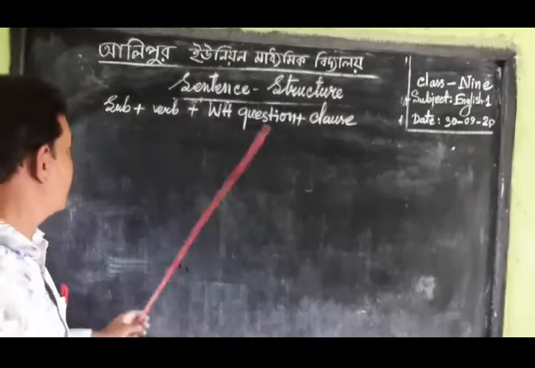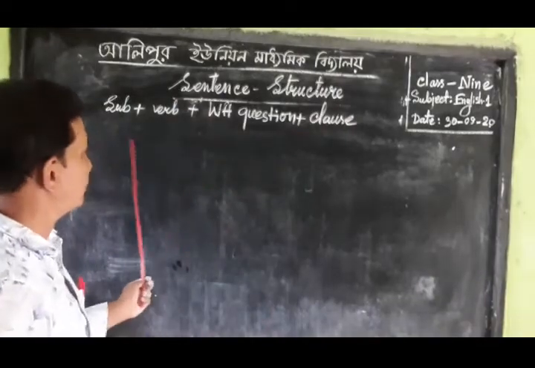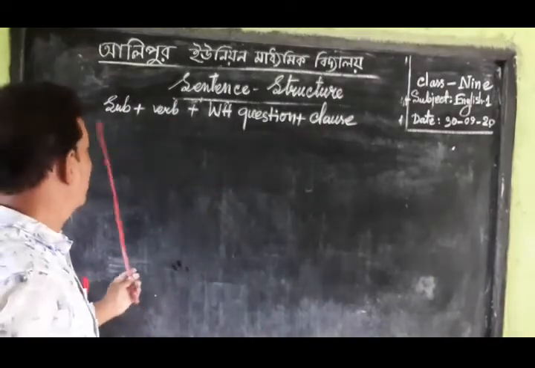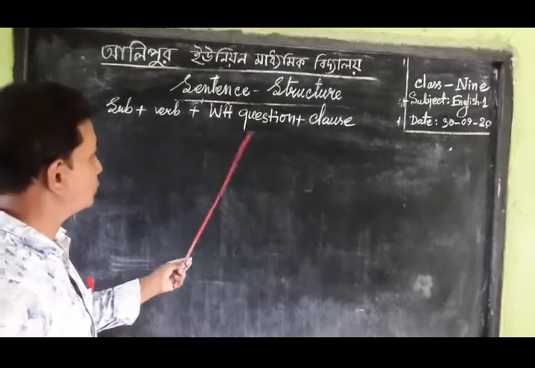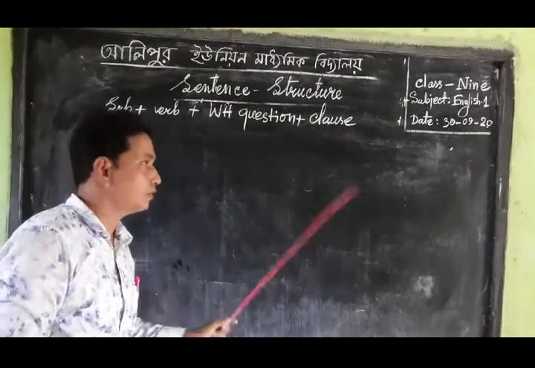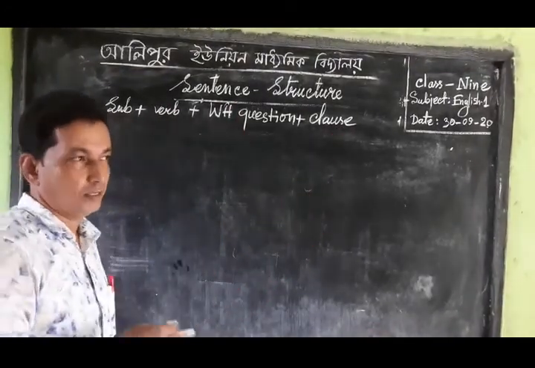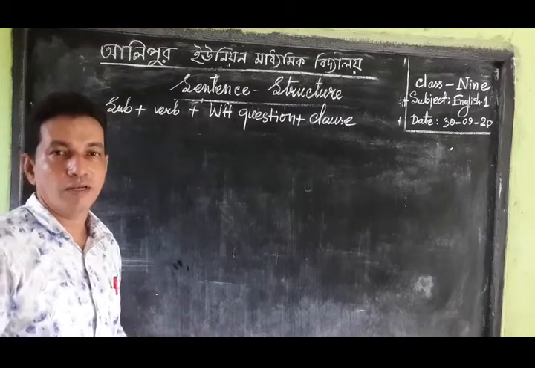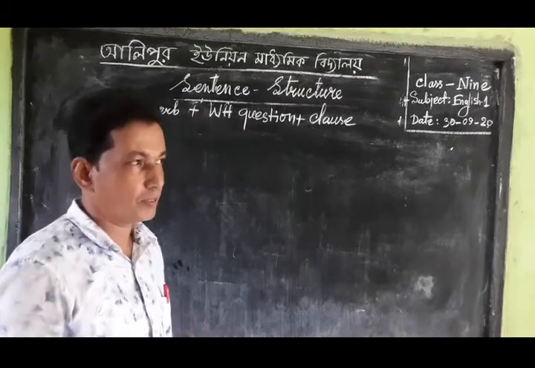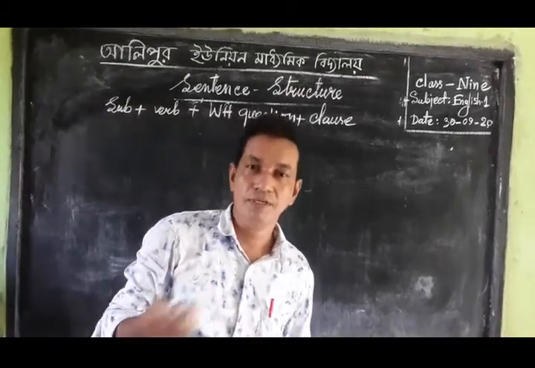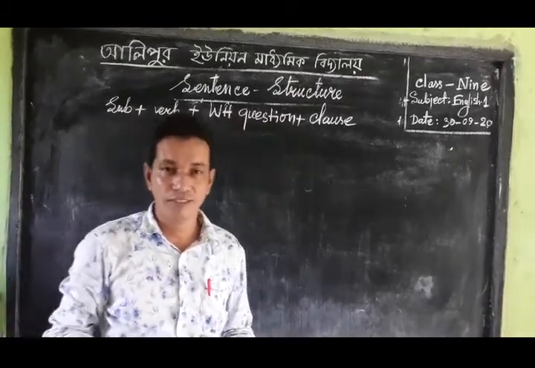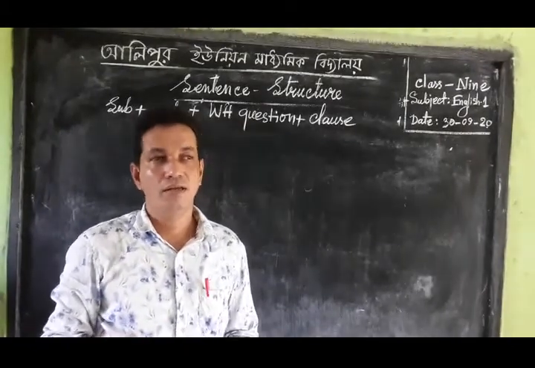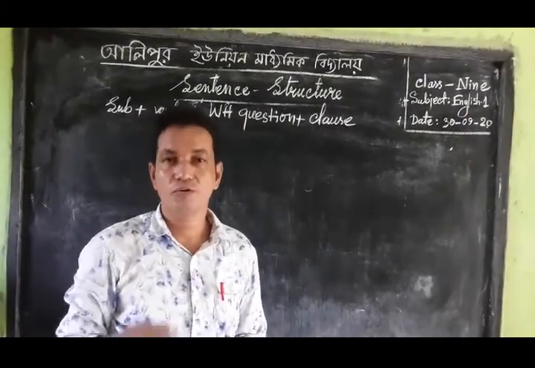Dear learners, let's have a look at the blackboard. There is a structure: subject, verb, WH question plus clause. We know that there are some clauses such as noun clause, adjective clause, and adverbial clause. The primary classification of clauses is principal clause, subordinate clause, and coordinate clause.